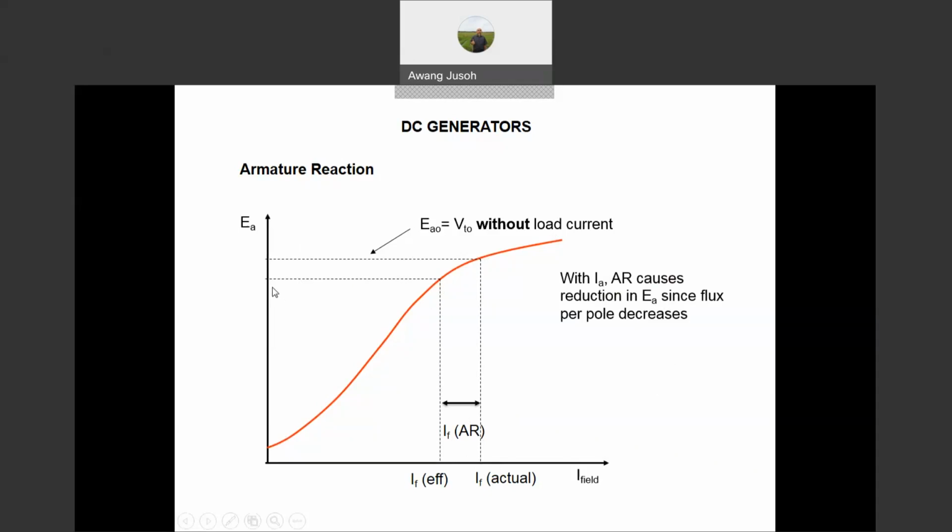Okay, that's the main cause by the armature reaction. So IF basically, IF actual minus IF armature reaction is IF effective. Effective current means the real current in the machine after we take into account the impact of armature reaction. Okay, drop. That's what it means.